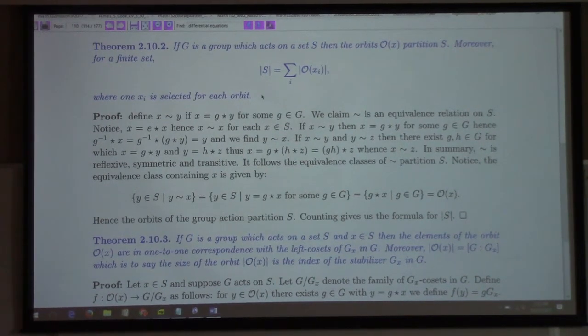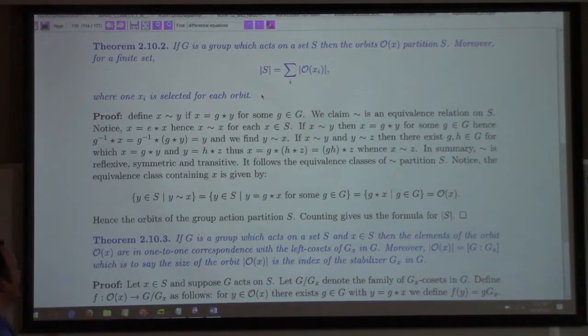Now what's different here is that last time our orbits were conjugacy classes, right? Here I'm not supposing that the orbits are conjugacy classes. They could be a conjugacy class, but they could be other things, and I have explicit examples to show you in a minute.